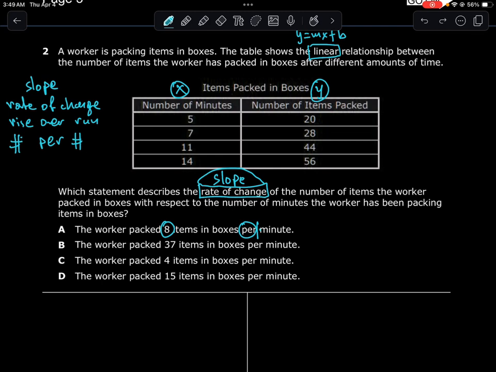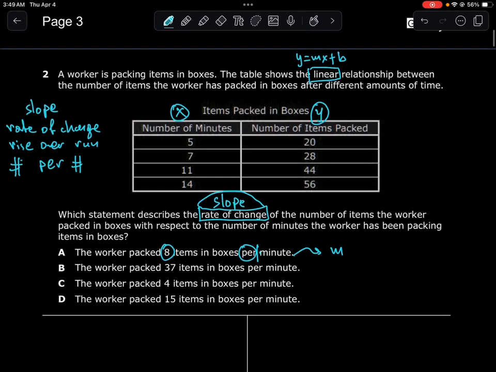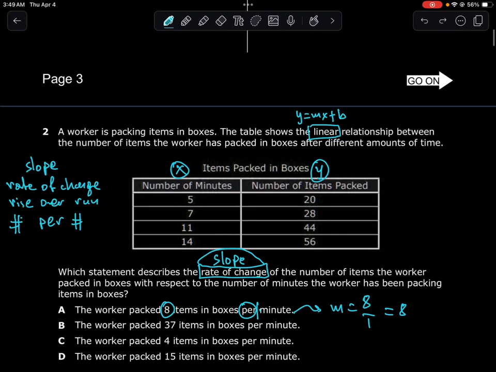So here the slope, this m that is usually called m, is equal to 8 over 1, meaning 8. Okay, this m here is also seen in the slope-intercept form of a line. This is the slope, just to remind you, and this b would be the y-intercept.